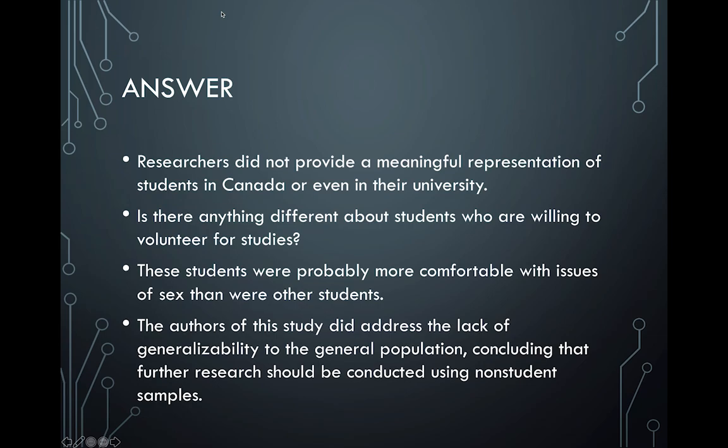So certain students that are more comfortable with issues around sexuality would be more likely to participate. And that's a huge issue when you're trying to infer the results and make claims about other populations based on this study. So that fourth point is that did not address the lack of generalizability to the general population, right? And that's the real issue there.